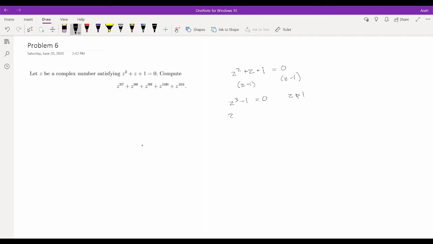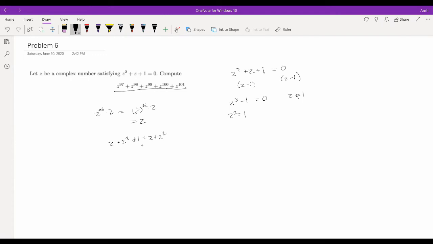So knowing that z cubed is equal to 1, we can simplify this overall expression significantly. First of all, z to the 97 would equal z to the 96 times z, which is equal to z cubed raised to the 32 times z, which is just equal to z. We can similarly apply that to each of the other terms, and that would simplify to z plus z squared plus 1 plus z squared.